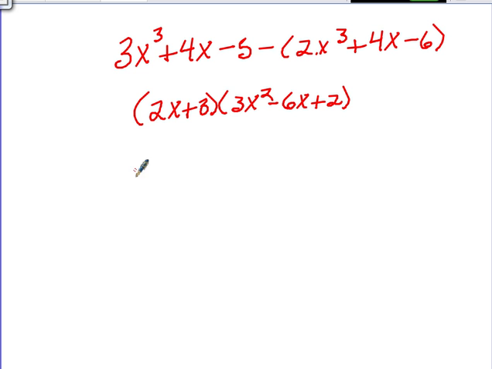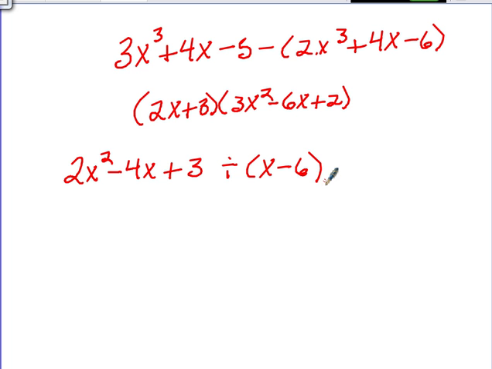You will have to be able to divide them. 2x squared minus 4x plus 3 divided by x minus 6. Synthetic division. 6 goes in the box. 2, -4, and 3 go next to the box.